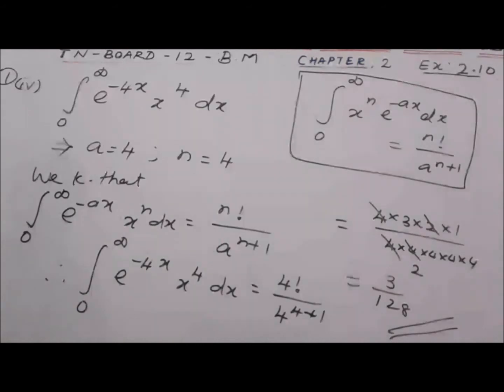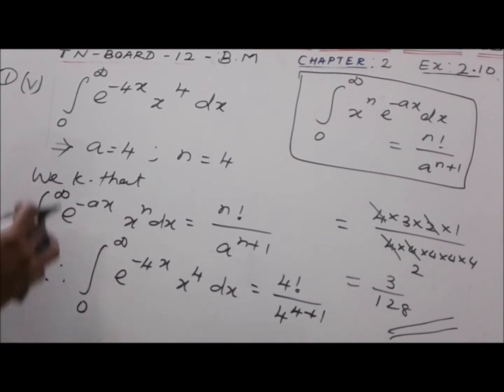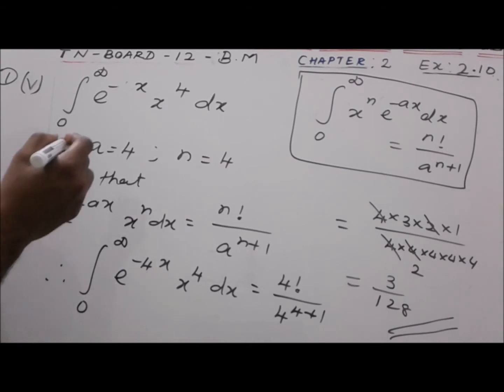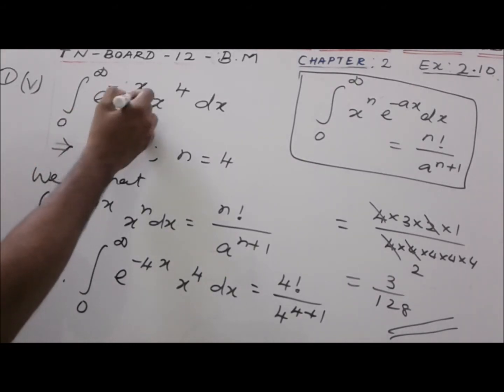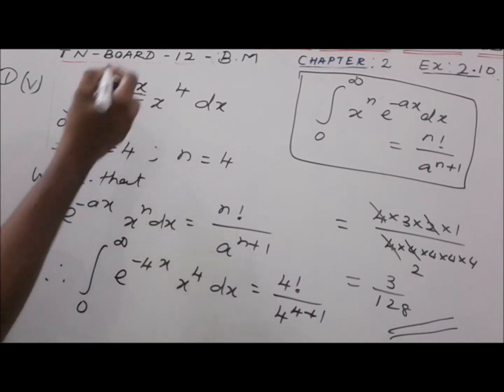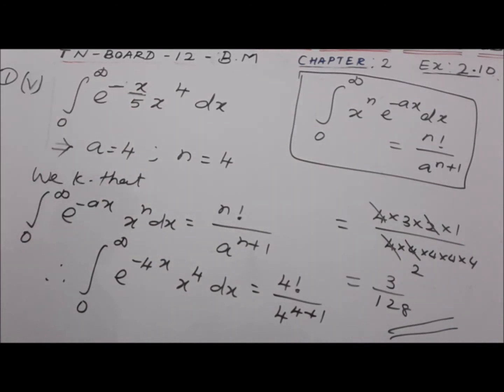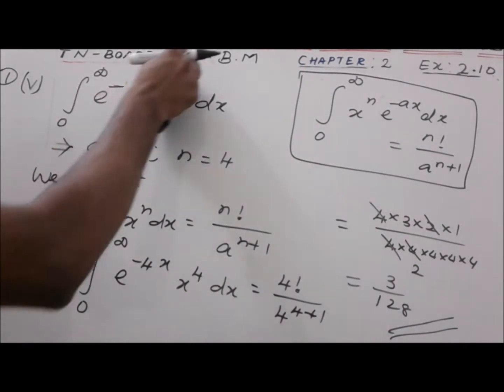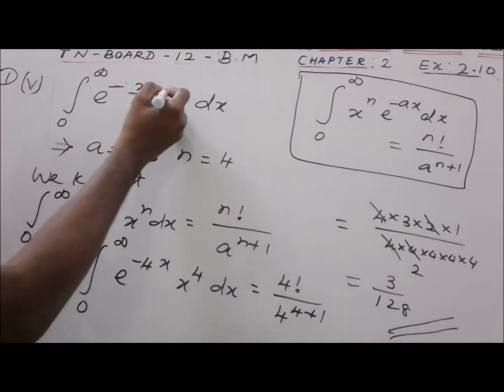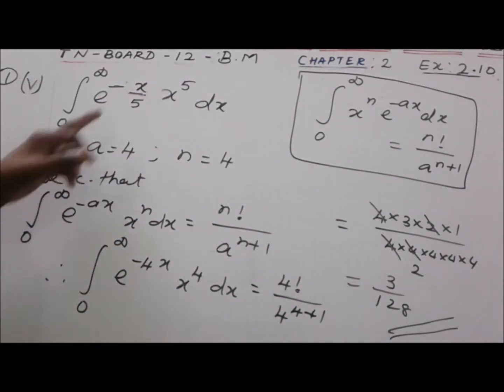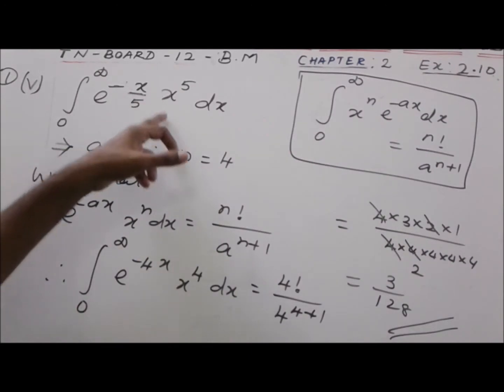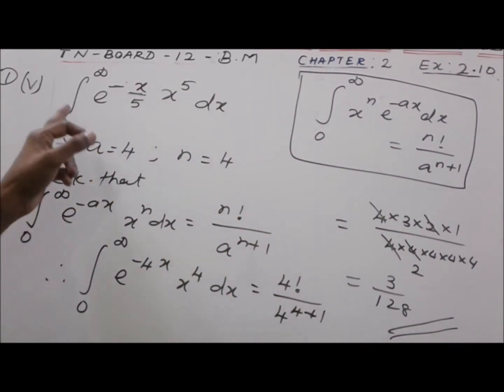Similarly, we have a fifth subdivision. Subdivision number 5. Integral 0 to infinity e to the power minus x by 5 into x to the power 5 into dx, with the same limit 0 to infinity.